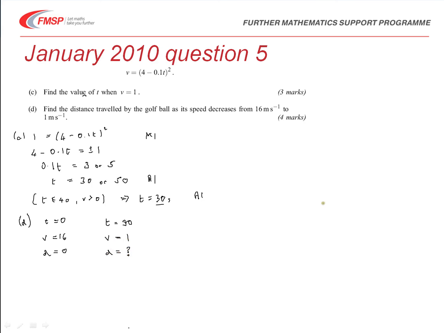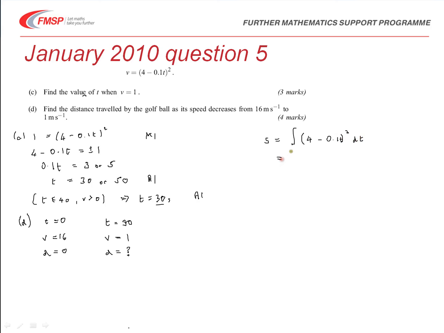Well, to find an expression for the displacement, we will need to integrate the velocity. So we've got to do the integral of (4 minus 0.1t) squared dt.